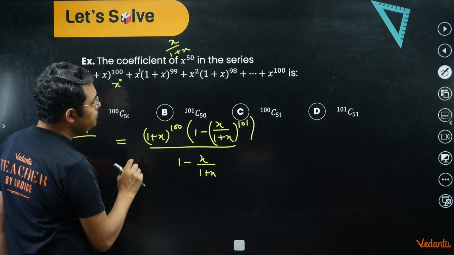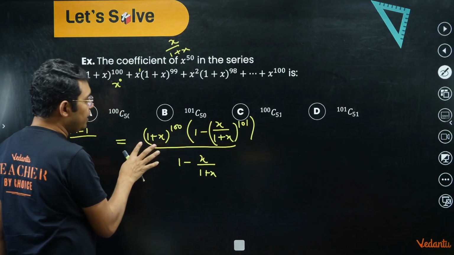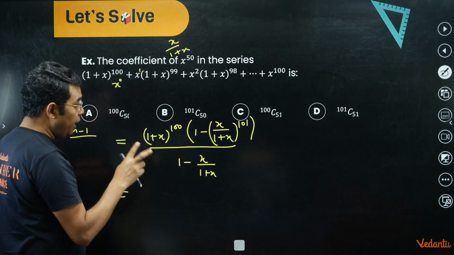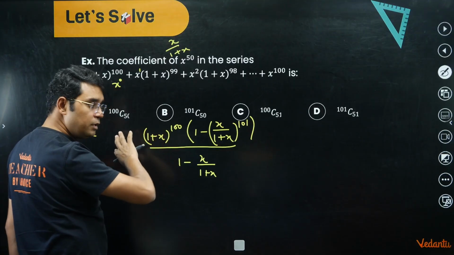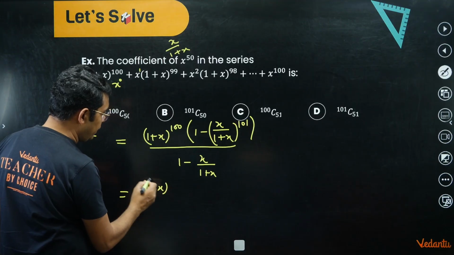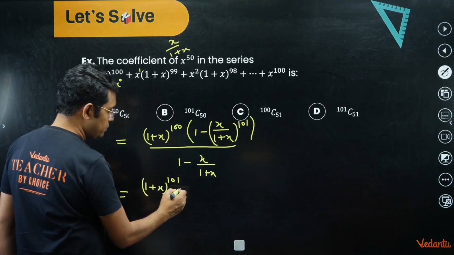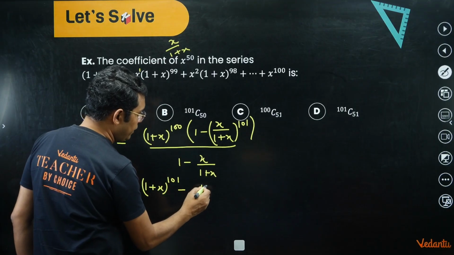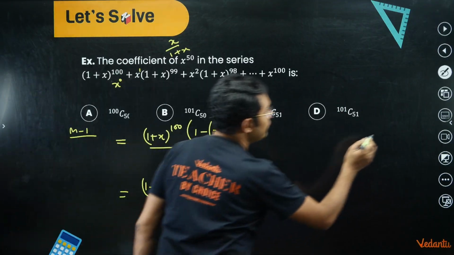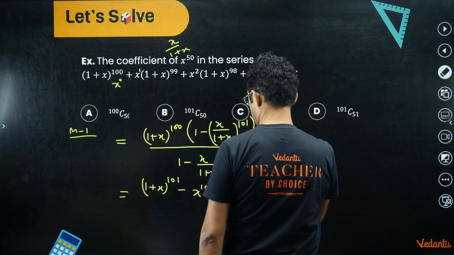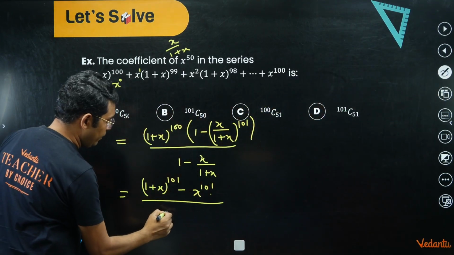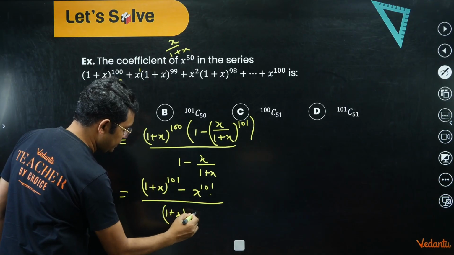Now if I take this as LCM, or rather I multiply by (1 plus x) power 100 inside and one more (1 plus x), so that this will not be there, and you will be getting (1 plus x) power 101 minus x power 101 into 1, not this thing, sorry, so like this, and divided by, it will become 1 plus x minus x.